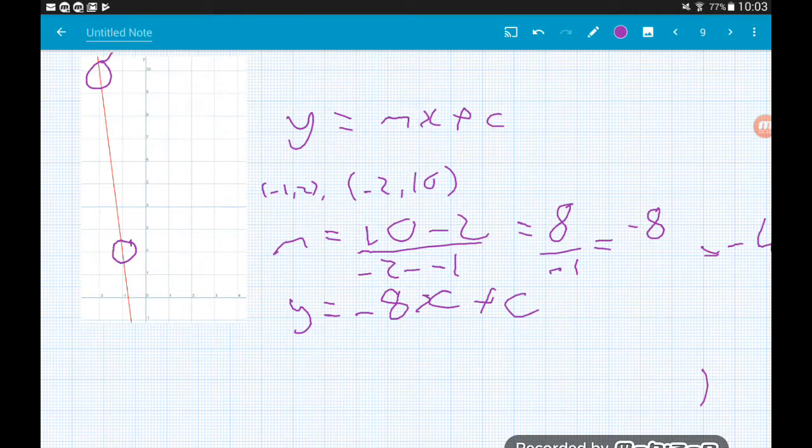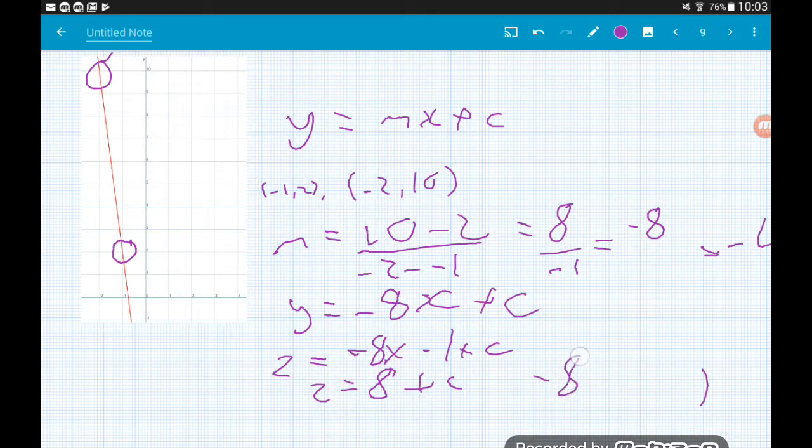So remember, that's telling me that when x equals minus 1, y is equal to 2. So we substitute those in. 2 equals minus 8 times minus 1 add c. 2 is equal to, well, minus 8 times minus 1 is positive 8, plus c.